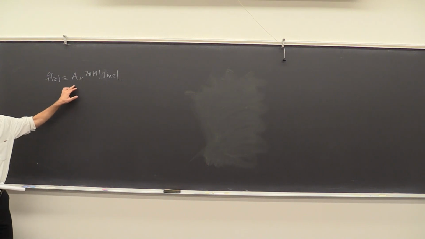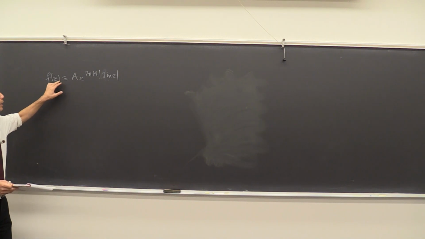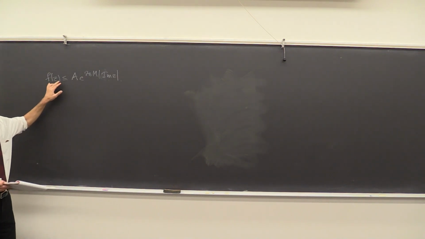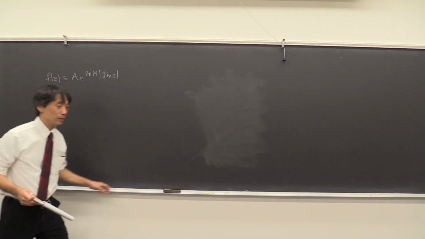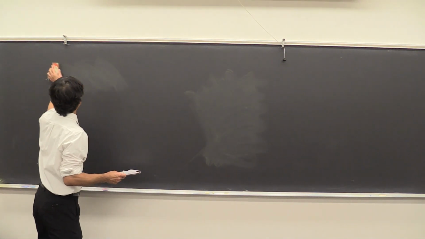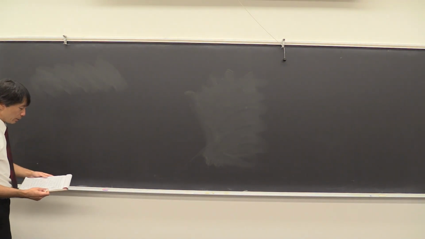From there we played the epsilon of room trick and got that we could talk about functions that satisfied an even better bound, and then take limits of those functions to get back to our original function. That was the strategy of Paley-Wiener. But we need to prove the theorem of Phragmen Lindelof.